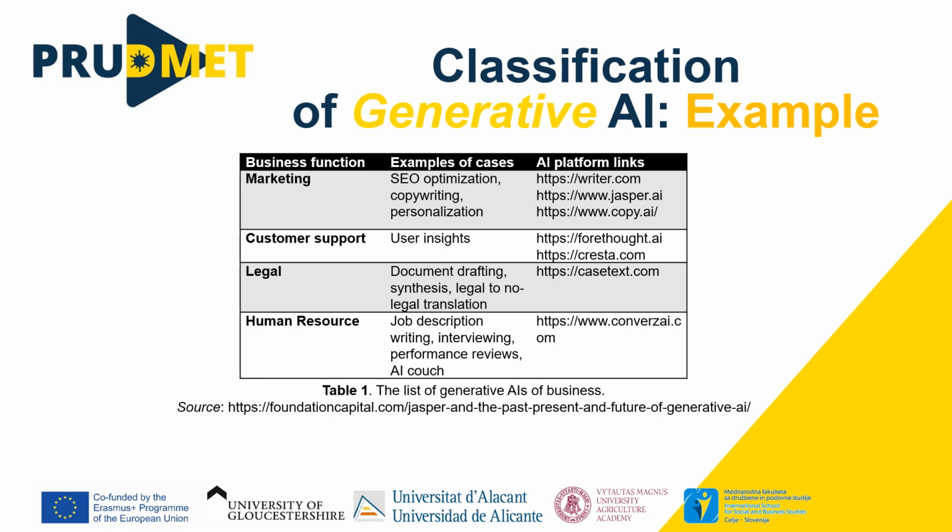Or for a job description text, AI coach can be done using the convertsite.com solution. It is important to note that the proposed classification of business function in Table 1 was done by authors from foundationcapital.com, 2022.